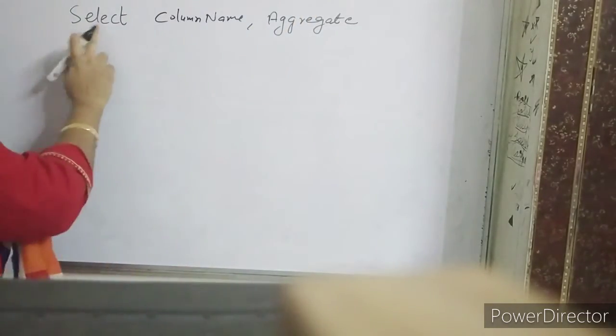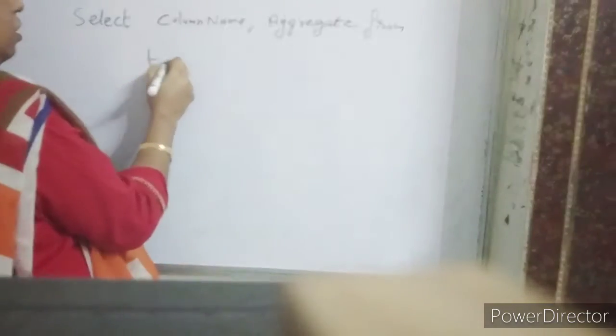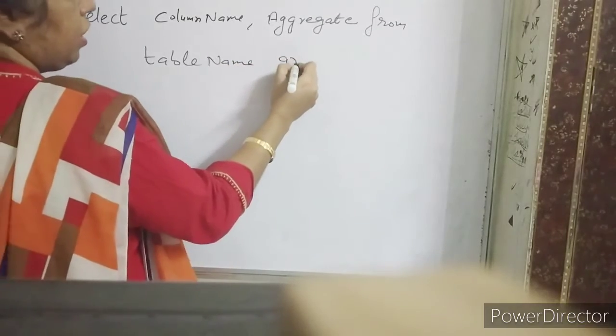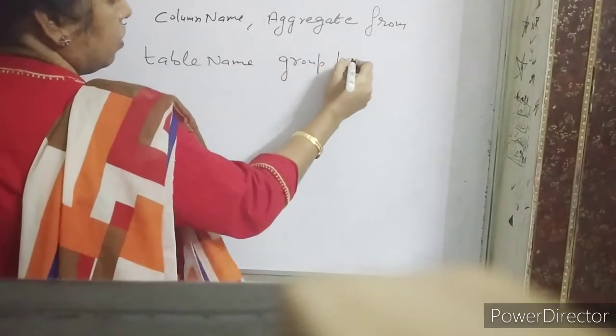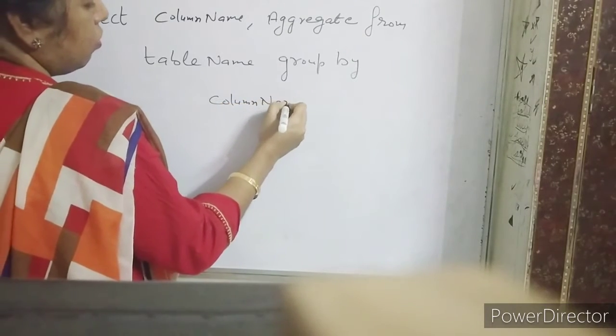So: select column name, comma, aggregate from table name, then write group by and the name of the column for making the groups.